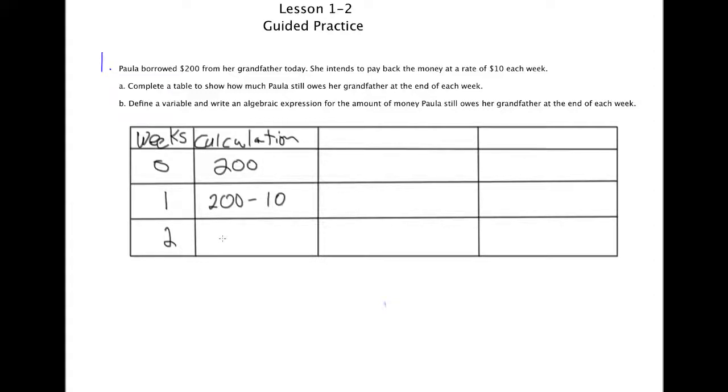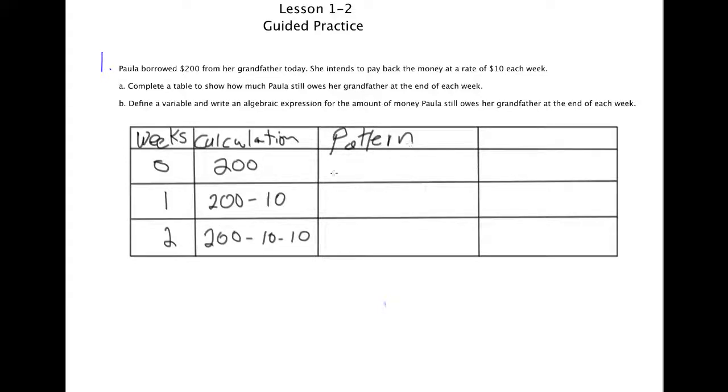In week 2, she's paid him back twice, and so we want to write this out so we can see what the pattern might be. That's 200 minus 10 minus 10. So we've got a couple of instances of a pattern. This might be enough, it may not. Usually we might need 3 or 4 instances to really see what's happening with the pattern. But let's try it here with just these 2.